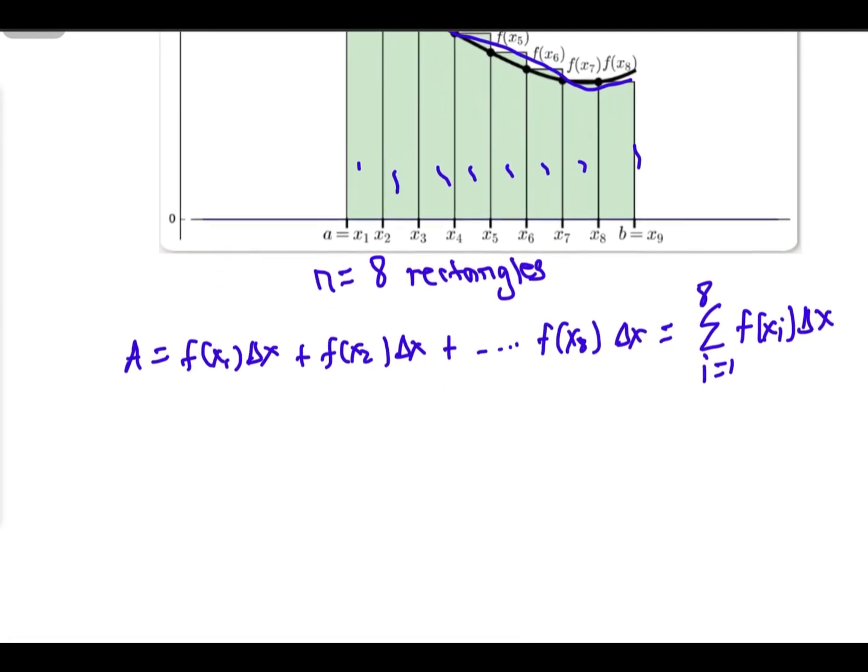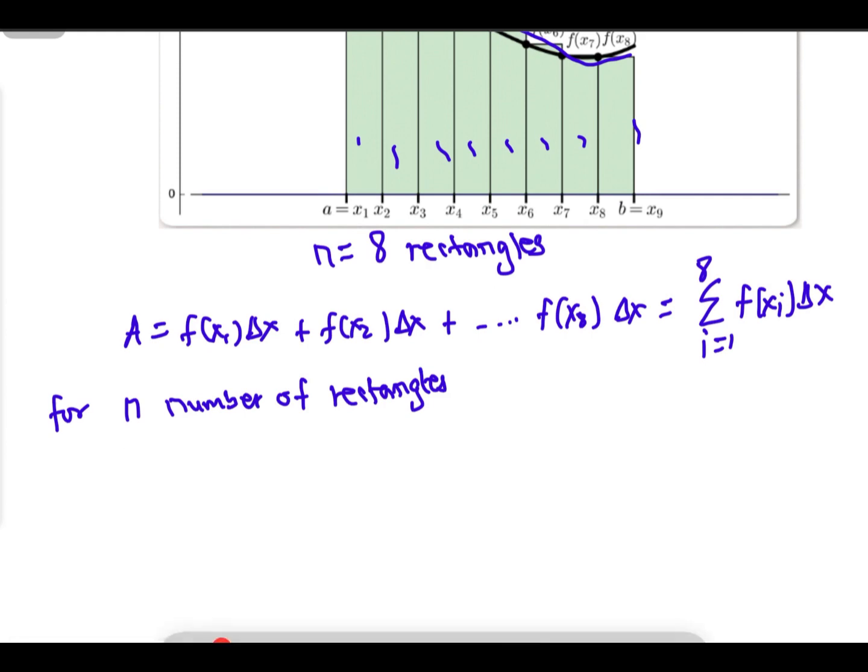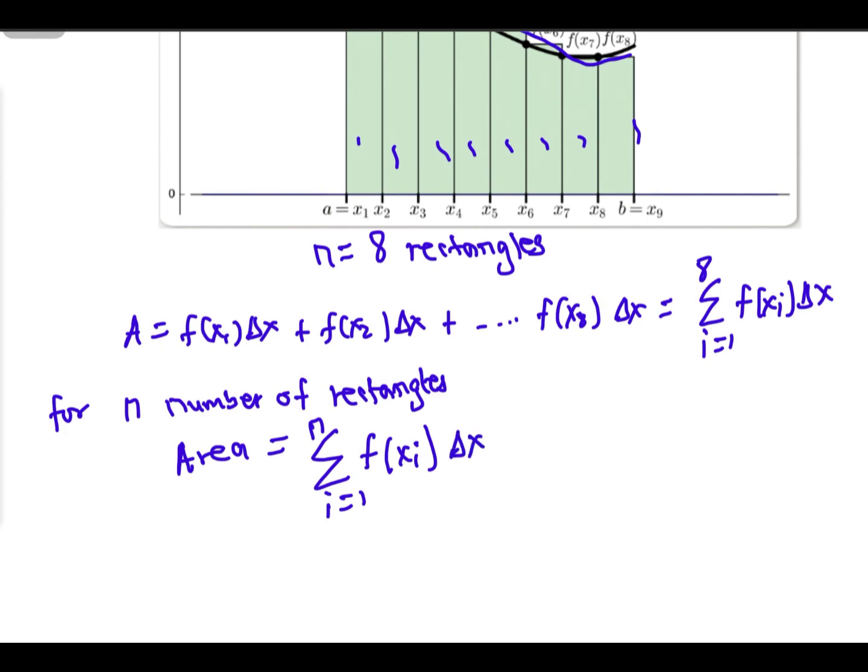So in the general case, we can say that for n number of rectangles, the area is equal to the sum from I equal to 1 up to the number of rectangles of f of x_I times the change in x, where I've already told you that the change in x is equal to b minus a all over n. Here a and b are the first and last x values, and n is the number of rectangles.